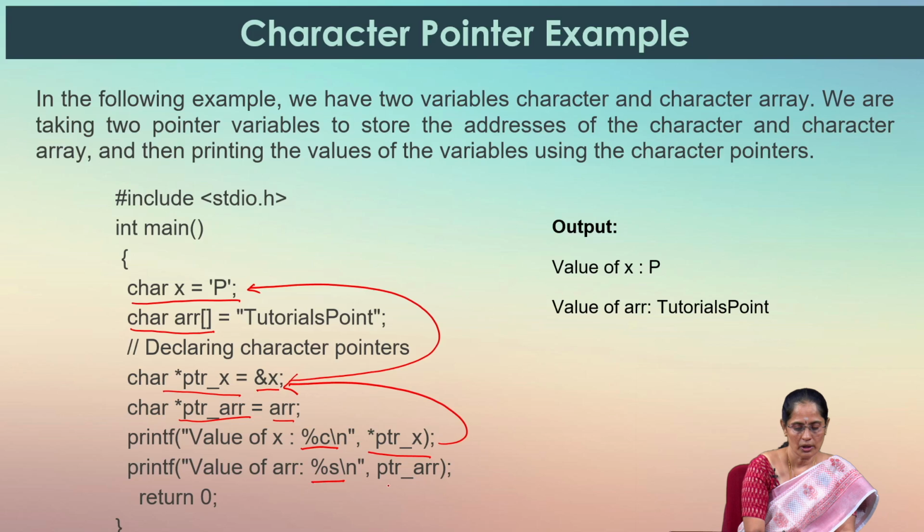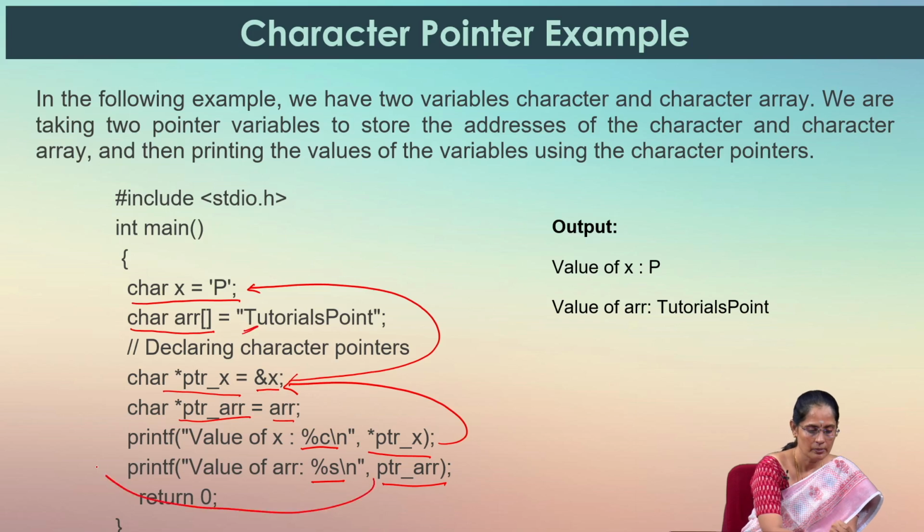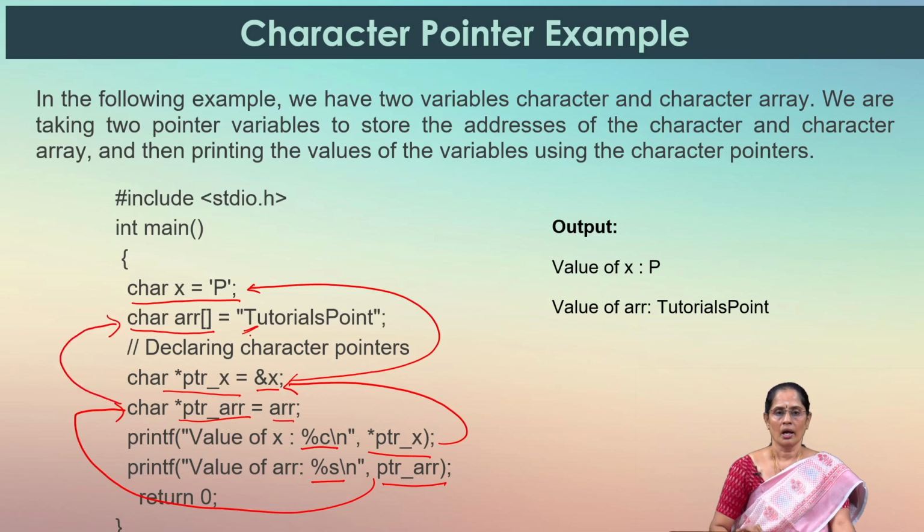Now, what is stored in ptr_arr? ptr_arr stores the first element's address, the first element having the value t. So this ptr_arr will be pointing to arr, which is an array holding the value tutorials point.